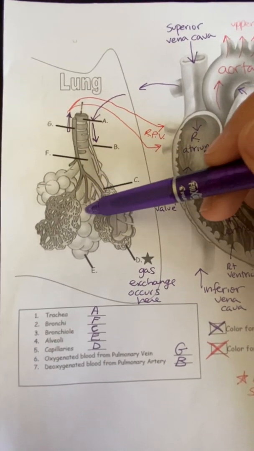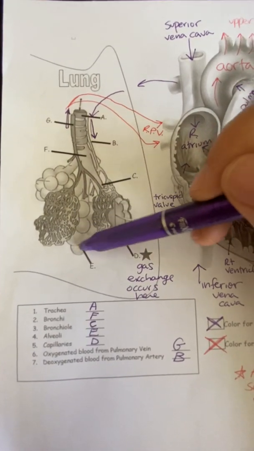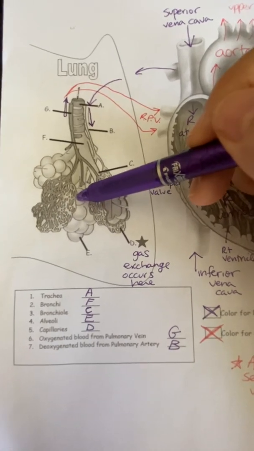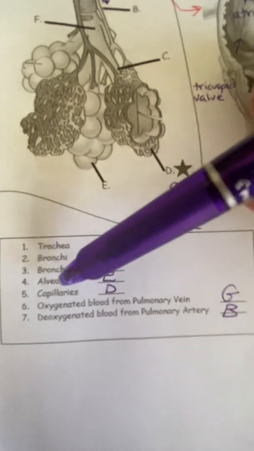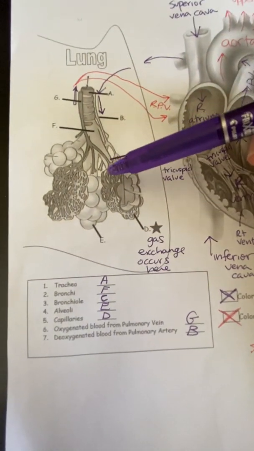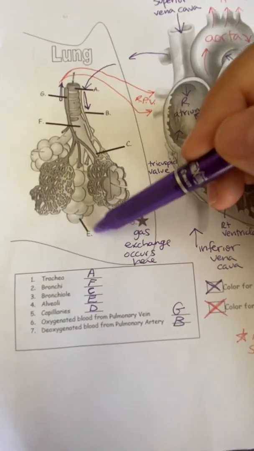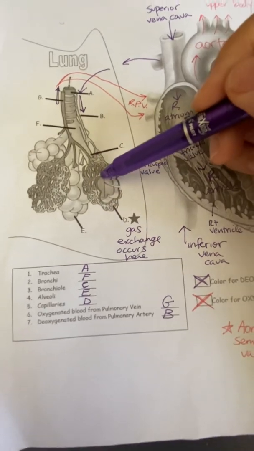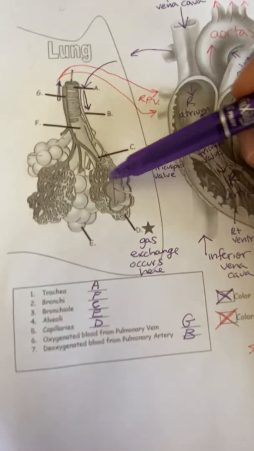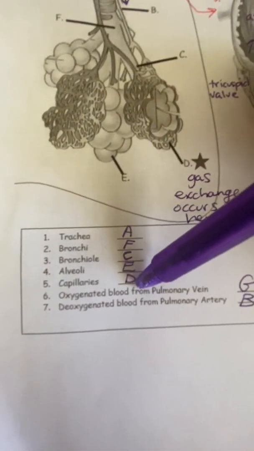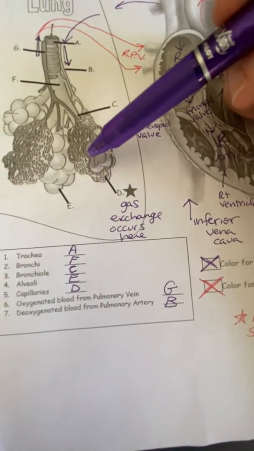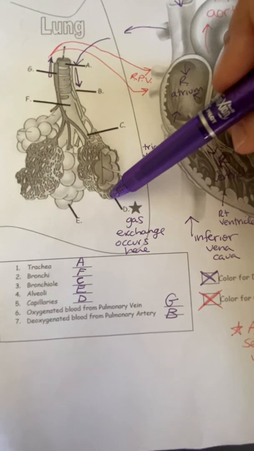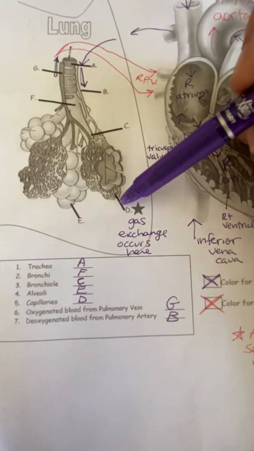Then the bronchioles lead to these little grape-like clusters, and they are called alveoli. Alveoli are letter E, and surrounding each of the alveoli are the capillaries, and capillaries is D, and I want you to add on here, this is where gas exchange occurs. So this is where it's going to pick up the oxygen or dump off the waste.